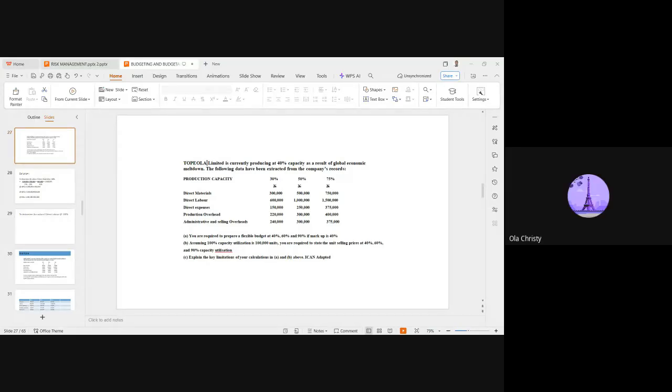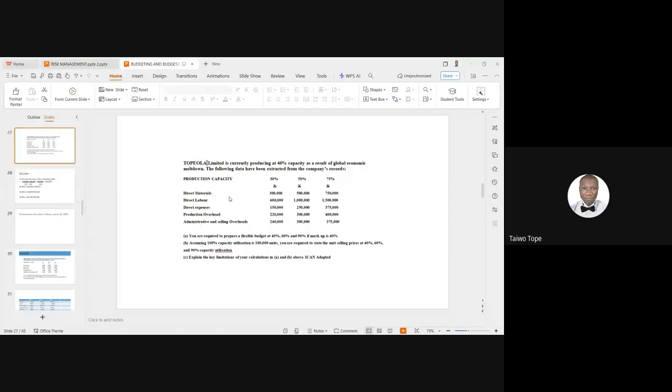Direct materials. If you read the requirements, ma, you are required to prepare what? A flexible budget. 40, 60, and 90%. Fine. We are not asked to prepare a budget at 30%, 50%, 75%.